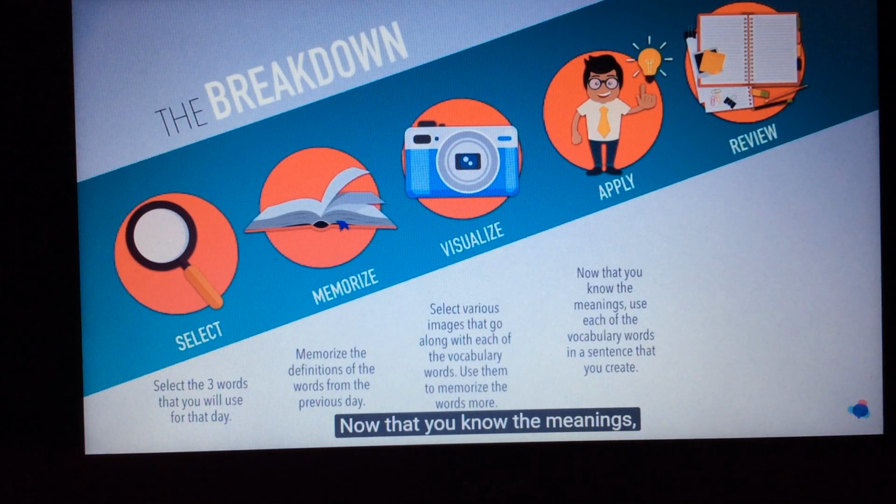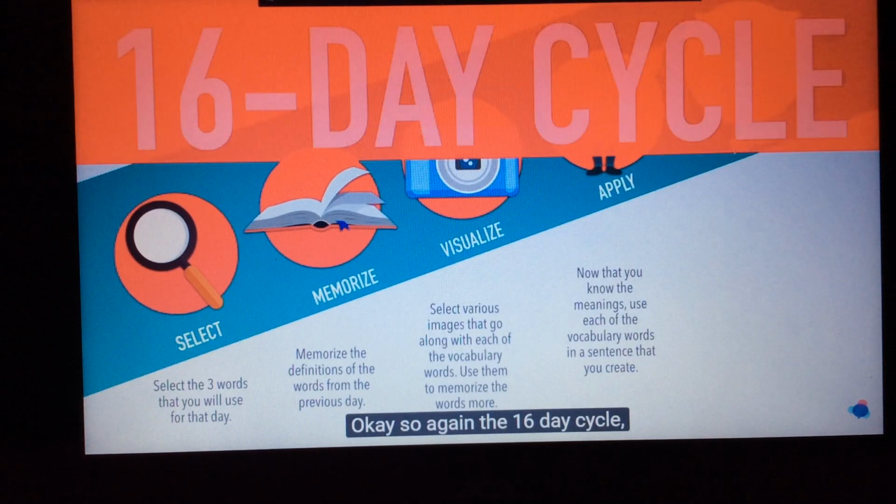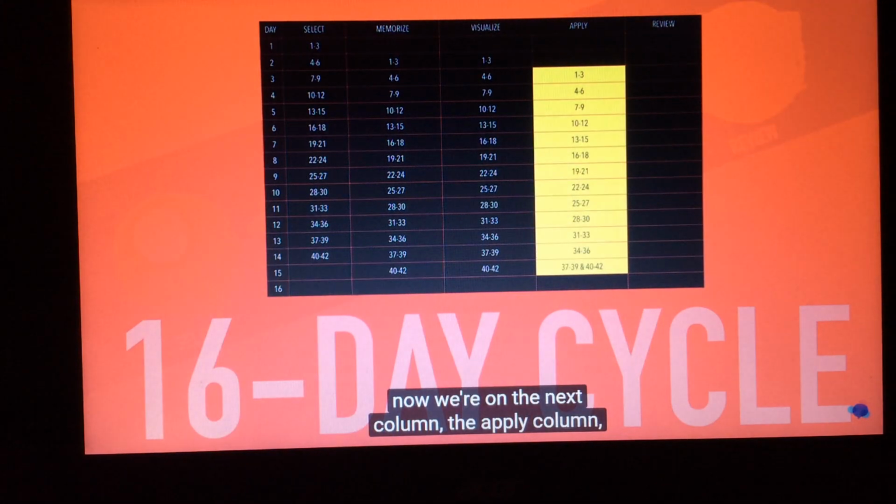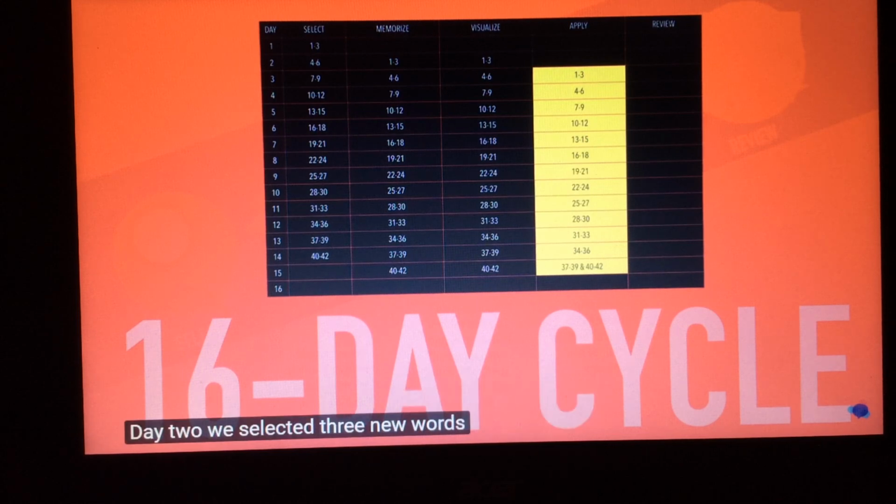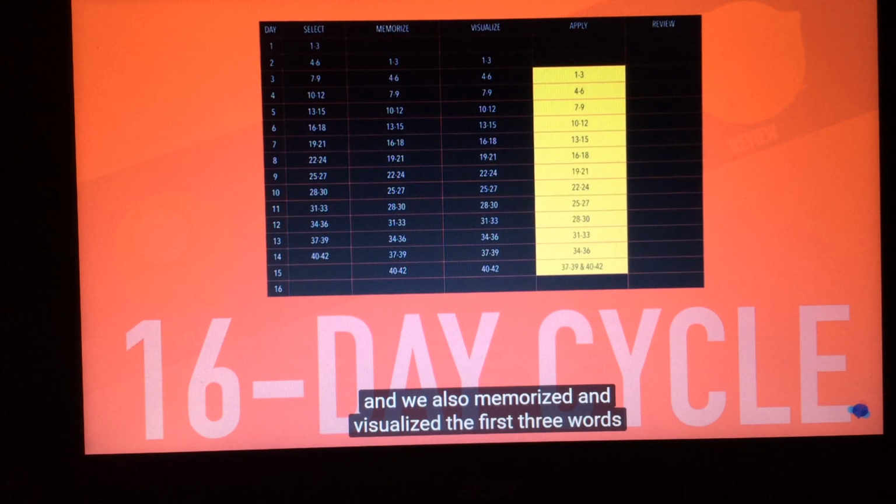Now that you know the meanings, use each of the vocabulary words in a sentence that you create. Okay, so again, the 16-day cycle. Now we're on the next column, the apply column. So again, day 1, we just selected 3 new words. Day 2, we selected 3 new words, and we also memorized and visualized the first 3 words.